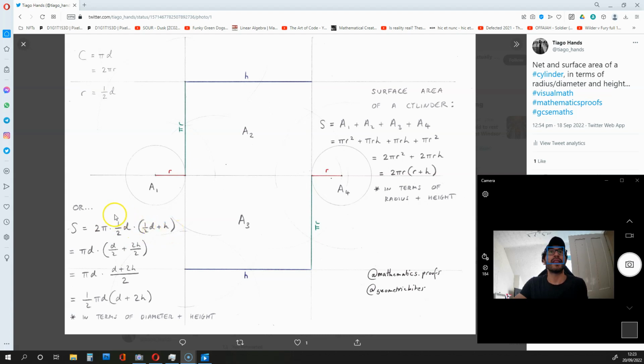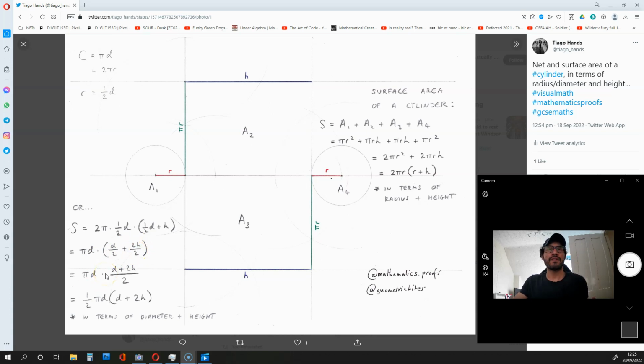Now this side to the left over here, because we've got 2 times a half, becomes pi times diameter. So we get pi times diameter times (d over 2 plus 2h over 2), which is simply h.